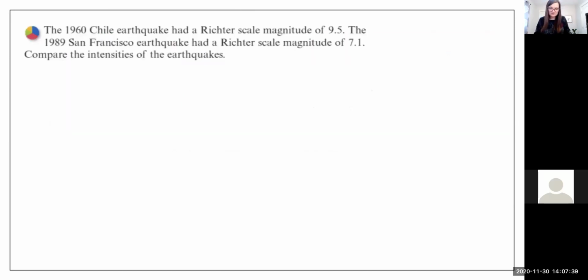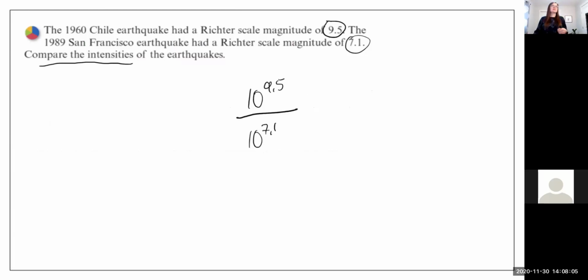And so, yeah, if there was a magnitude 9.5 and a magnitude 7.1, if you wanted to compare how much bigger one of those was to the other, right? The Chile earthquake is 10 to the 9.5 in its intensity, and the San Fran earthquake is 10 to the 7.1 intensity. And because they're saying compare the intensities, a comparison would involve looking at how much bigger this one is than this one.